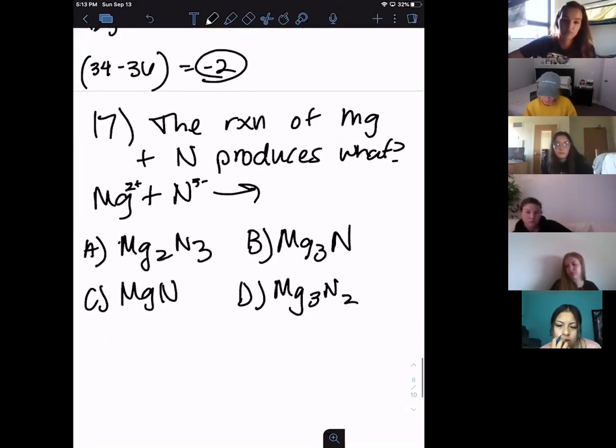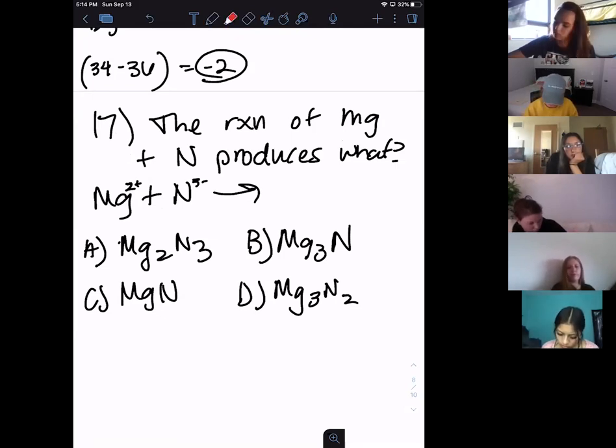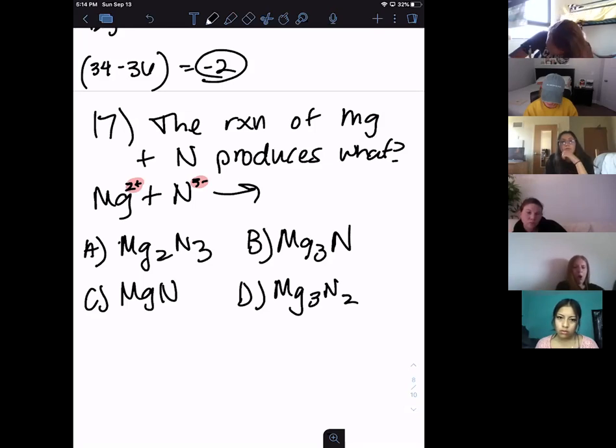Okay, so if magnesium's is 2 plus and nitrogen's is 3 minus, then I need to have 3 magnesiums to cover the nitrogens, and then I need to have 2 nitrogens to cover the magnesiums. Vice versa, right? So I just cross them: if there's 3 up at the top, then its counterpart needs it on the bottom.